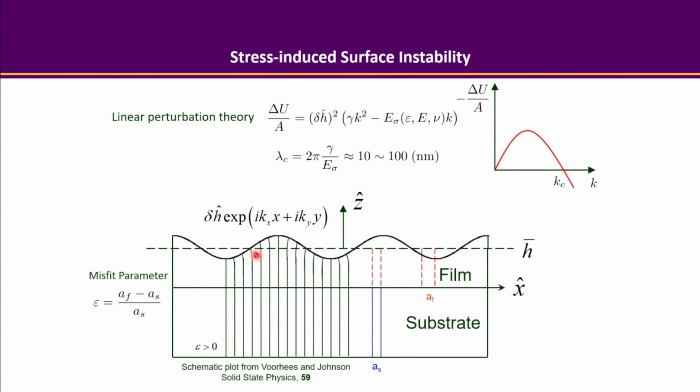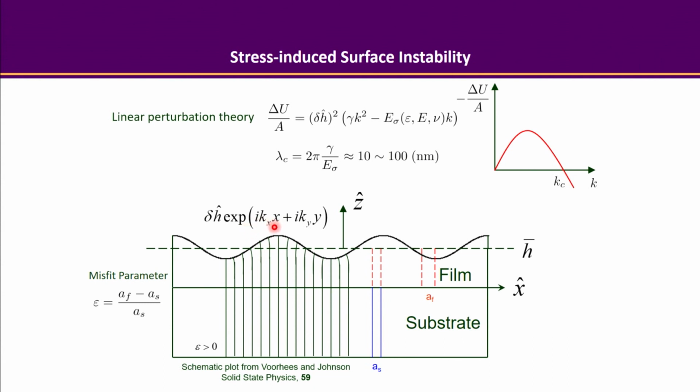Although in part of the film the elastic energy becomes lower and in some part the energy becomes higher, overall, when you carry out a calculation, you can show that the free energy of the system is going to be lower than the planar surface, all right? Or in other words, you can say that we are expecting a higher elastic energy, right, at the trough, and a lower elastic energy at the peak.